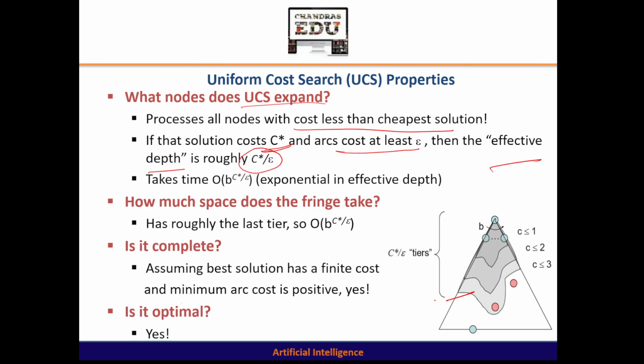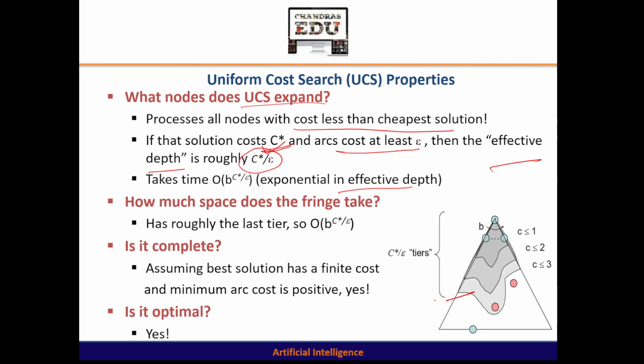And when we take the time complexity of this one, it depends upon the effective depth itself. That will be exponential in effective depth. That is, we can represent it as O of b power C star by epsilon. So C star by epsilon is the parameter that will make it exponential.